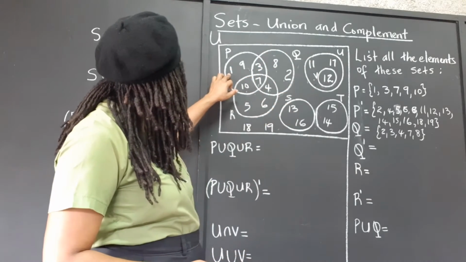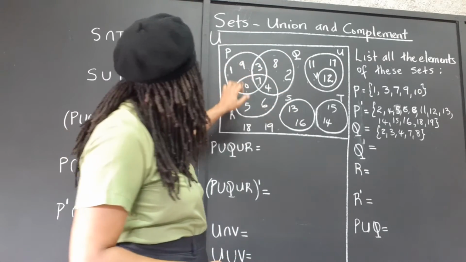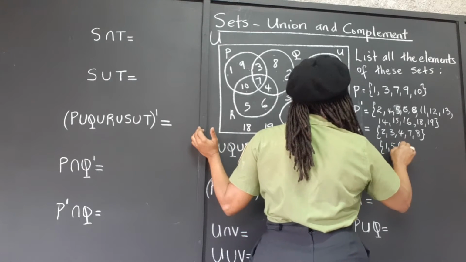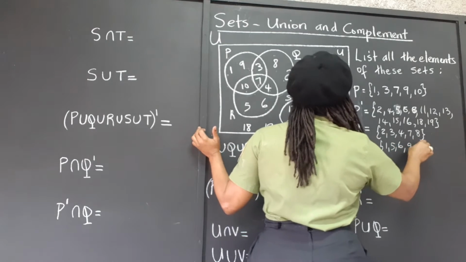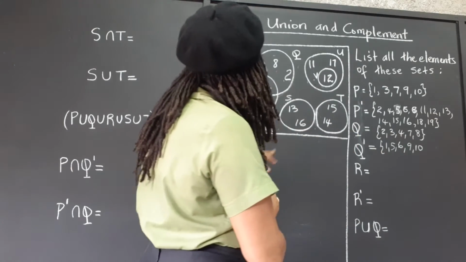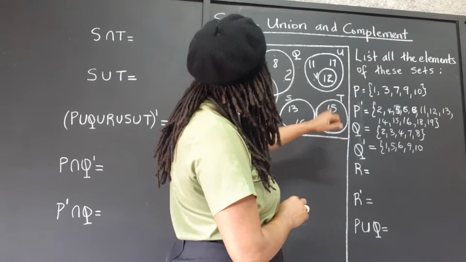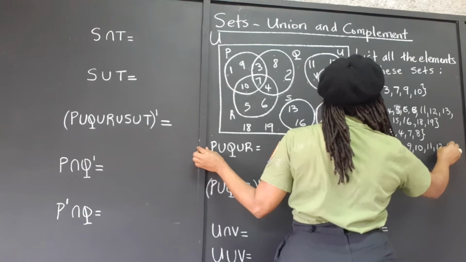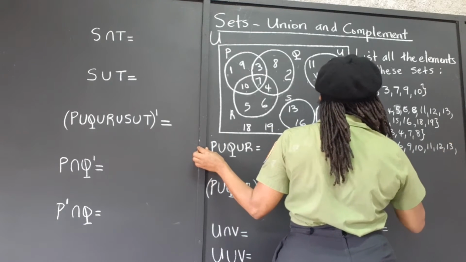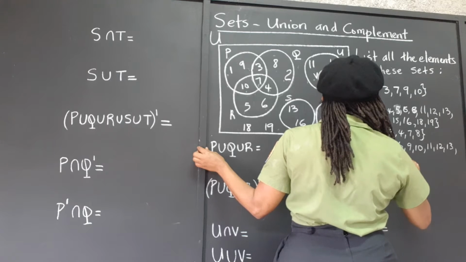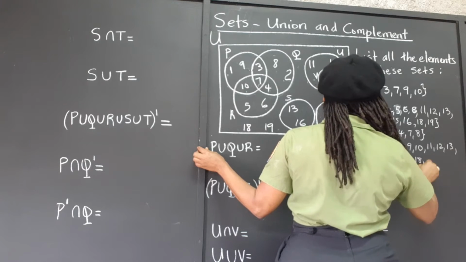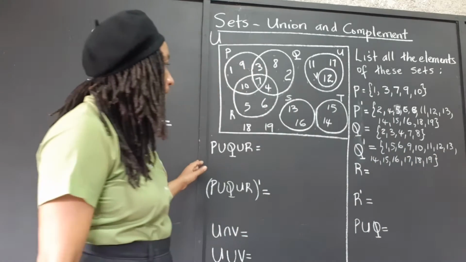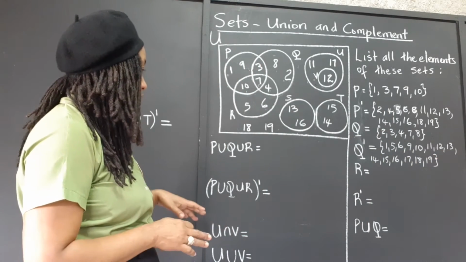So that's 1, 5, 6, 9, 10, as well as 11, 12, 13, 14, 15, 16, 17. All of these are in Q complement, not in Q.